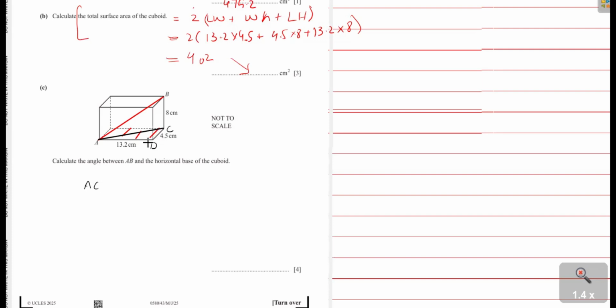Look here, this is the cuboid, and therefore the base is rectangular, and this angle will be 90 degrees, and therefore this triangle ADC will be a right angle triangle, and we can calculate the length AC by using the Pythagoras theorem.